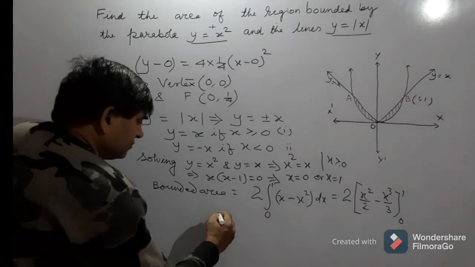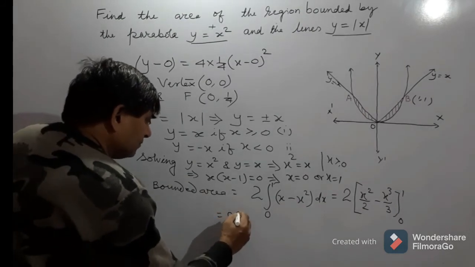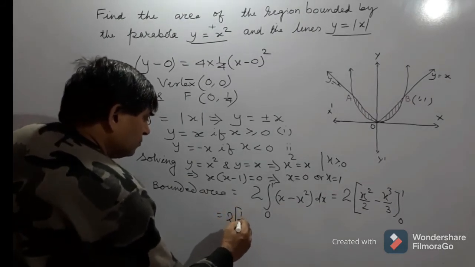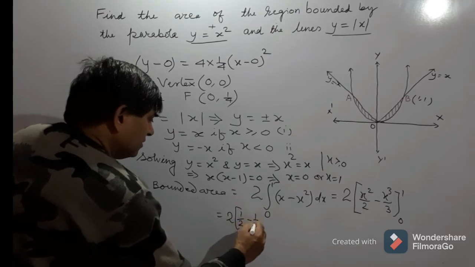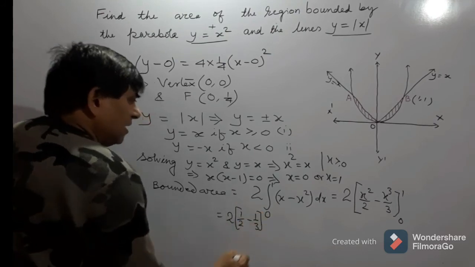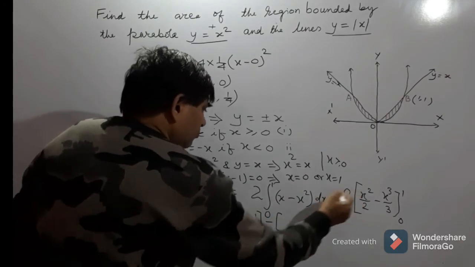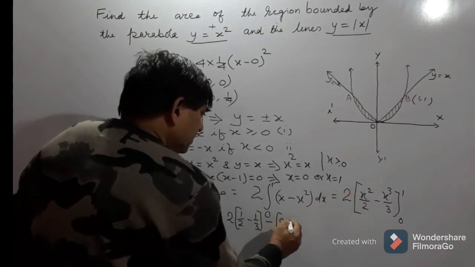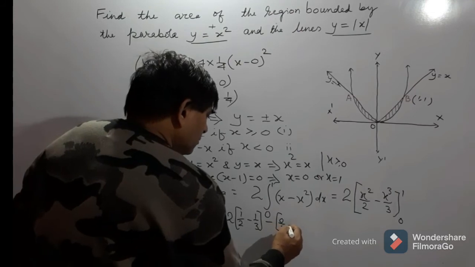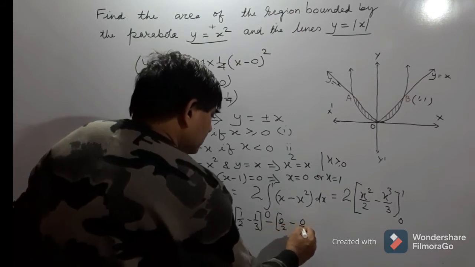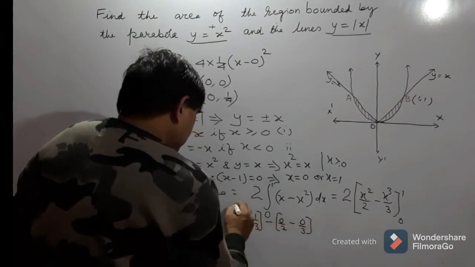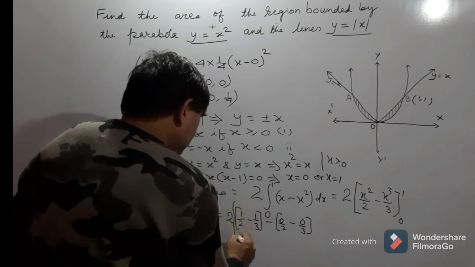Put their values, this is twice, it is 1 by 2 minus 1 by 3, and this is negative of 0 put, so it is 0 by 2 minus 0 by 3.